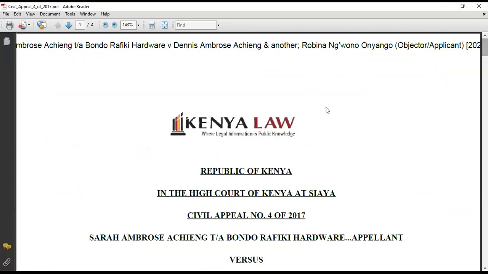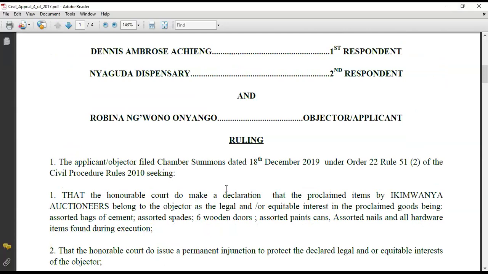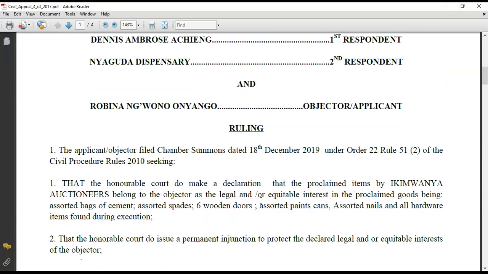What are the prayers in the chamber summons? The Honorable Court make a declaration that the proclaimed item, the sofa set, belongs to the objector as the legal and equitable interest on the proclaimed goods.